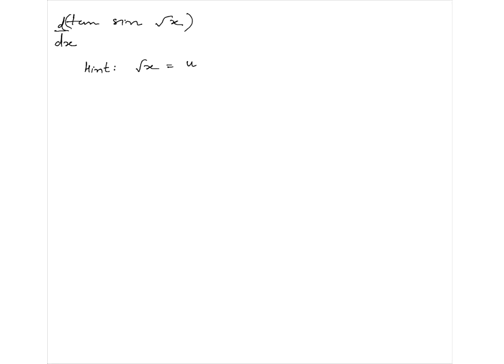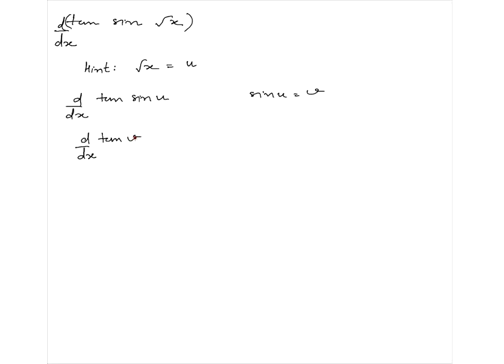So we have d/dx of tan of sine u. You can still see that we have a problem. So we go for one more substitution, sine u equal to v. That helps, but we can't differentiate like that. v should be here if it is v here.